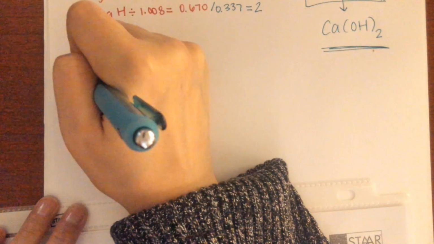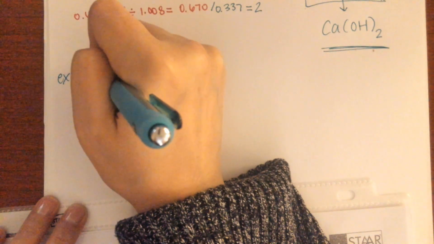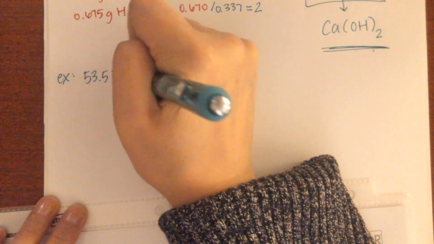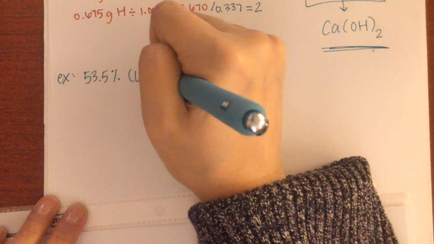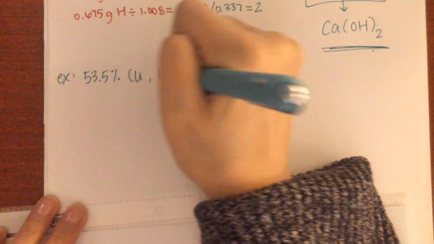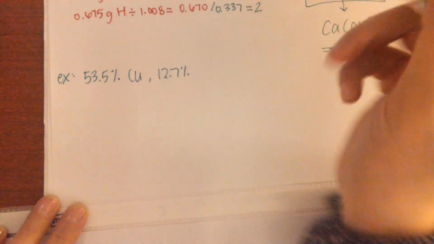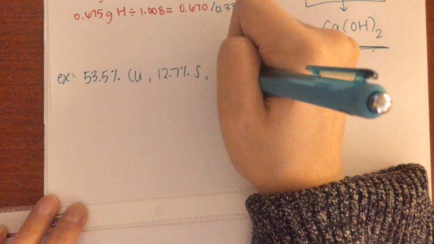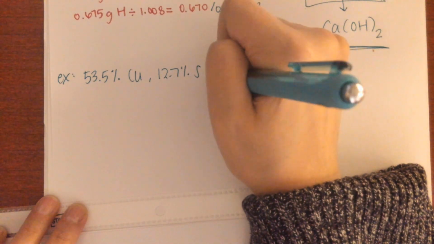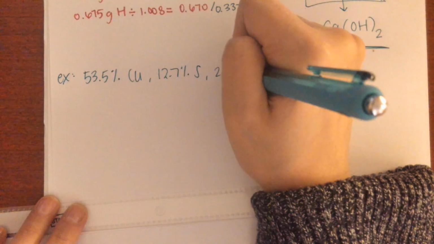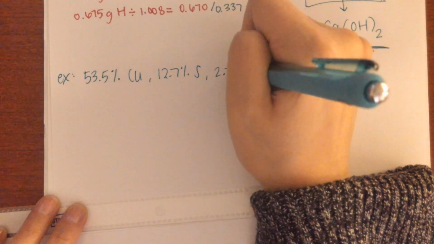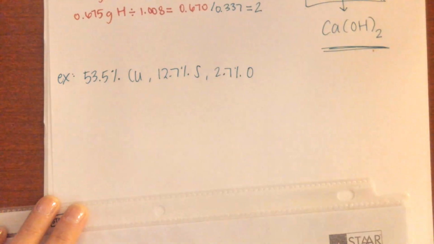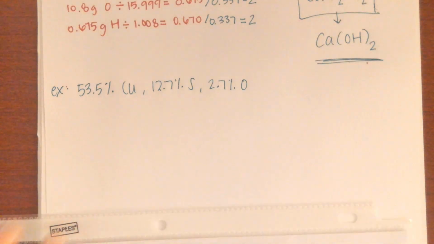Let's say I give you 53.5% copper and 12.7% sulfur and 2.7% oxygen. Let's try this out.